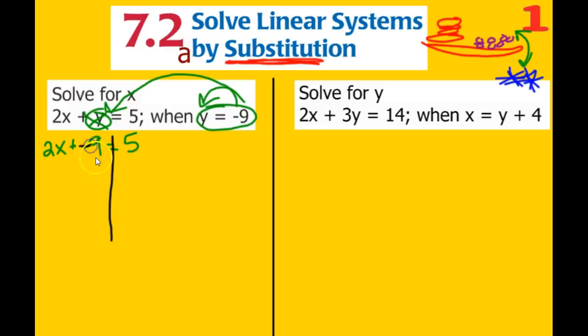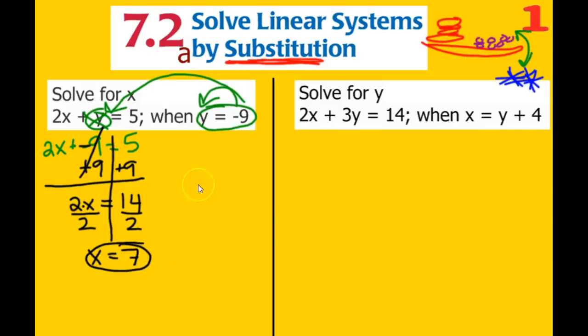The opposite of subtracting 9 would be adding 9. So those eliminate, and we have 2x equal to 9 plus 5, which is 14. And then last, the opposite of multiplying by 2 is dividing by 2. So 14 divided by 2 is 7.